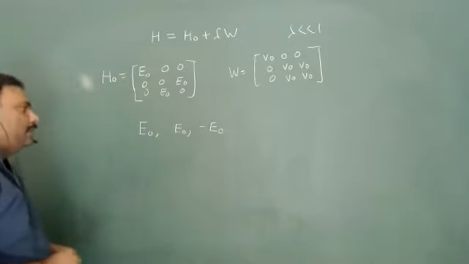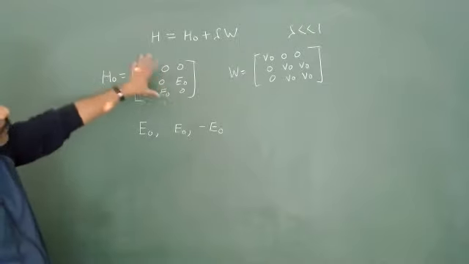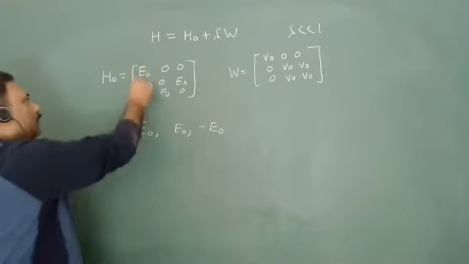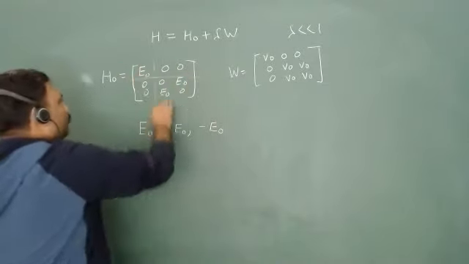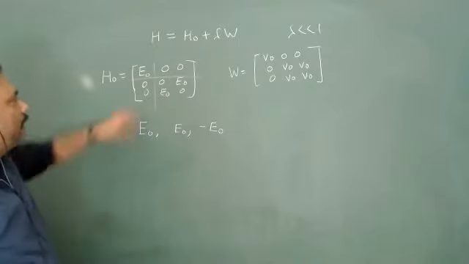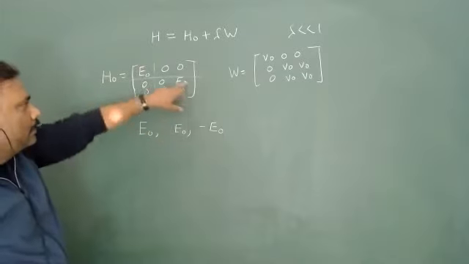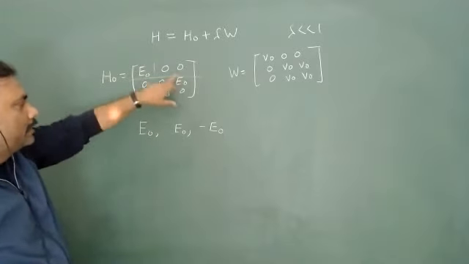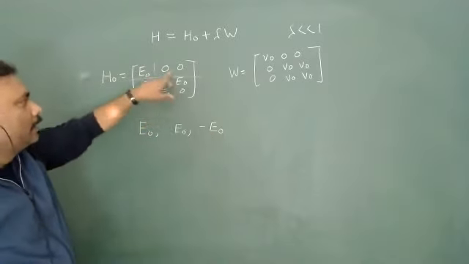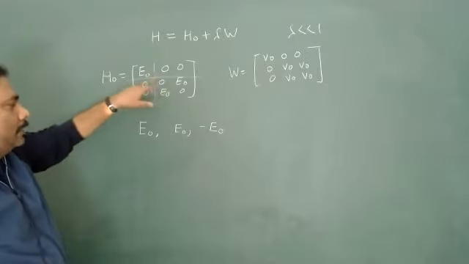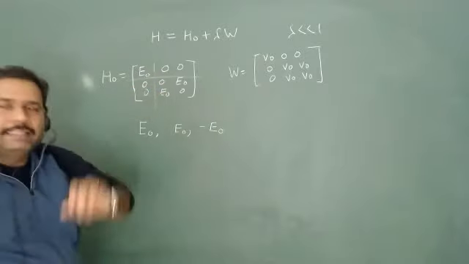This is very interesting. We can see this matrix in a very nice way. This is block diagonal. So I can easily say that this E naught is coming from here, and this E naught is coming from this subspace. And this minus E naught is also coming from this subspace.